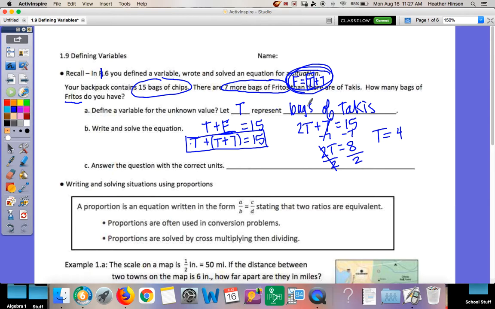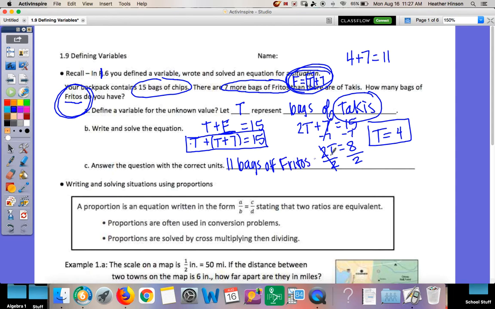So we know T, we know our bags of Takis is 4. But what did the question ask for? The question wants to know how many bags of Fritos do we have? So we knew Fritos had 7 more bags than Takis. So that T plus 7, if I know Takis is 4, then what's 7 more than that? 11. So we know there's 11 bags of Fritos.